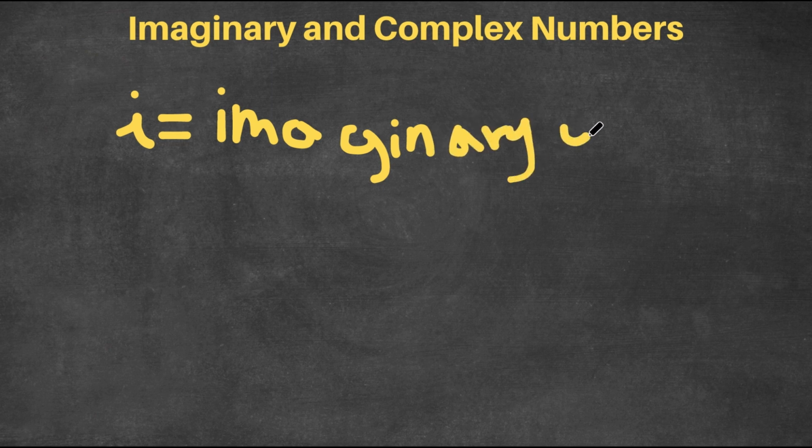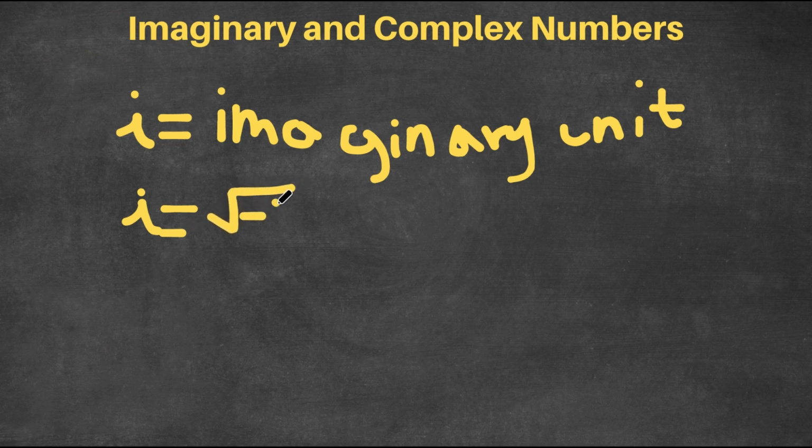So i is an imaginary number, and what i equals is the square root of -1.